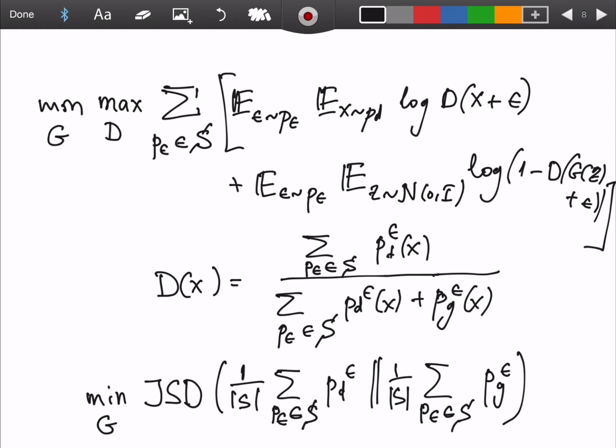So the only modification I added is, of course, this sum. And imagine that S contains just one noise distribution, and that noise distribution is a delta. You fall back to the previous case, right?